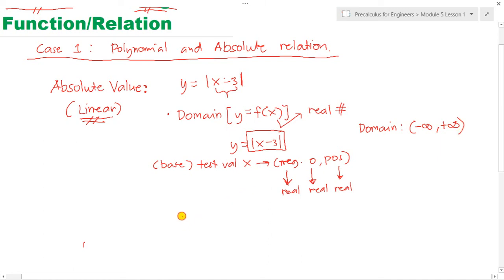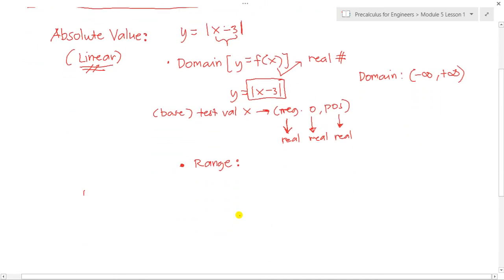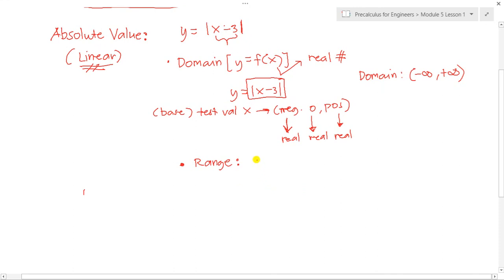So, nagets ra? Okay. But class, the range. Mao ni pinaka dali sa absolute value. Why? Because the range for an absolute value, if your absolute value is of this form, y is equals to absolute value of the linear expression, wala na laing gi-add ra ba, wala kay plus 1 dira plus x.